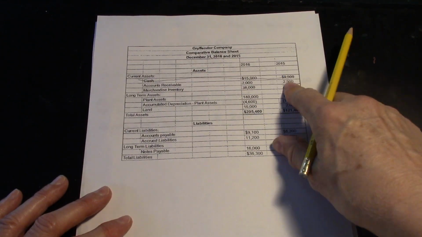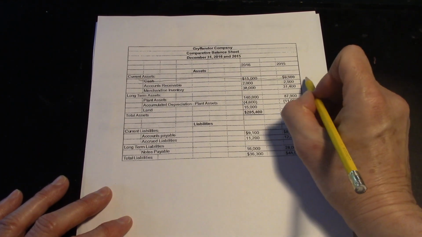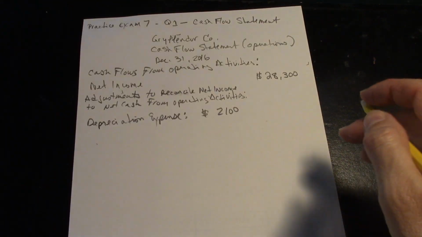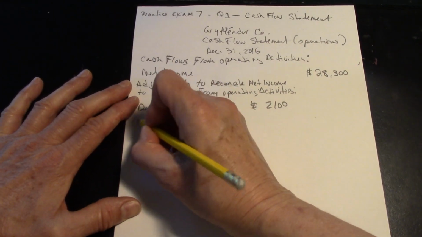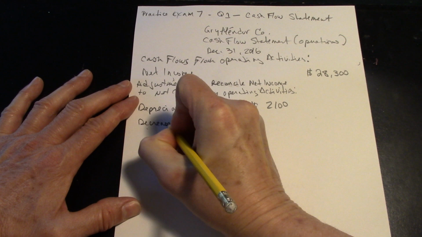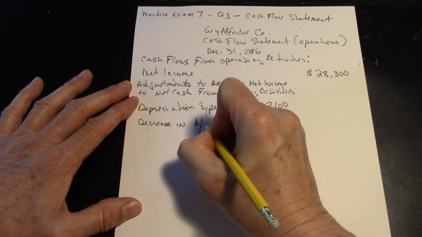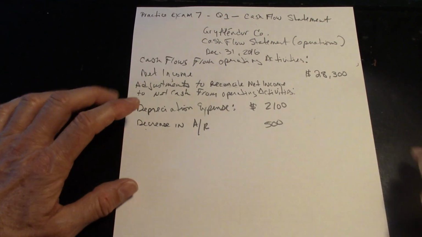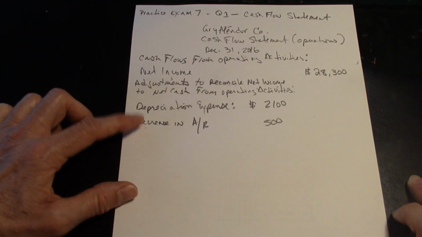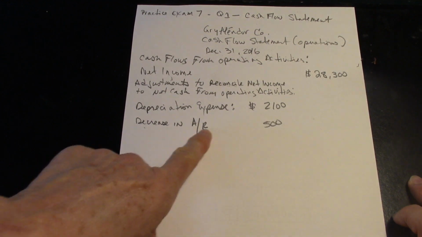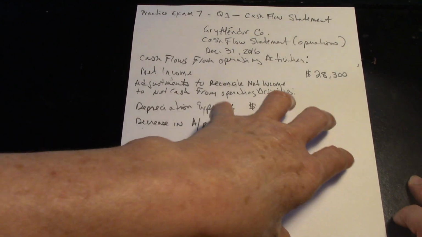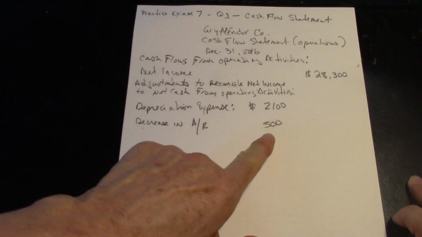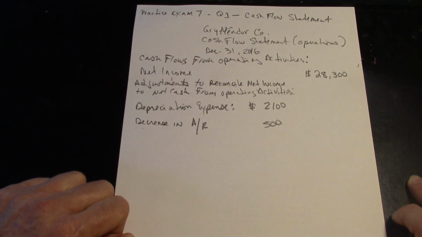I can tell that just by looking. $2,500 minus $2,000 is a decrease of $500. So I'll just write that down here. Decrease in accounts receivable is $500. And because it's a decrease of a current asset, I add it back in, right? Think about it. If accounts receivable went down, that means some cash must have come in, right? So the cash is flowing in.